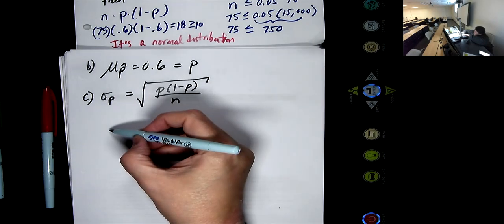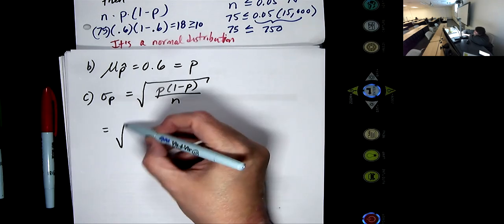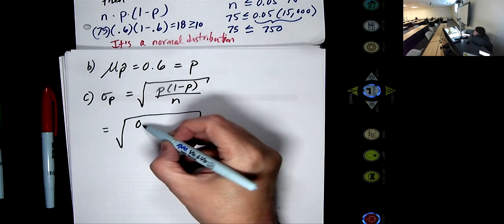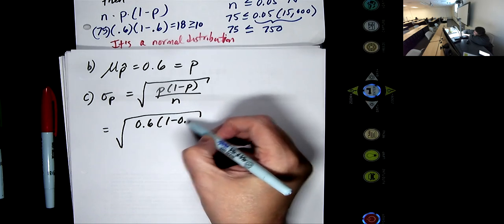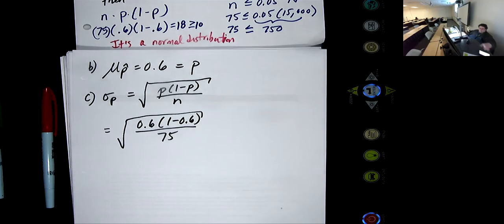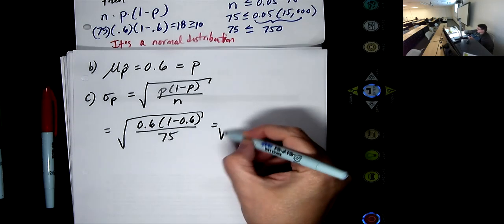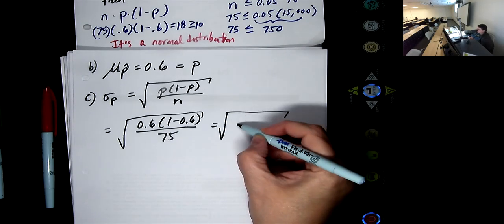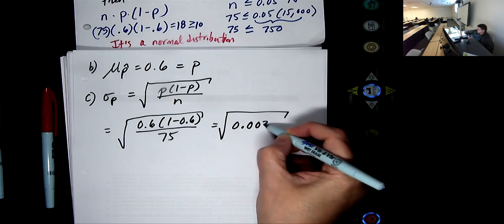Which in this problem, I tend to do the inside first and write that down. And so if I do all those calculations on the inside, I've got 0.0032.